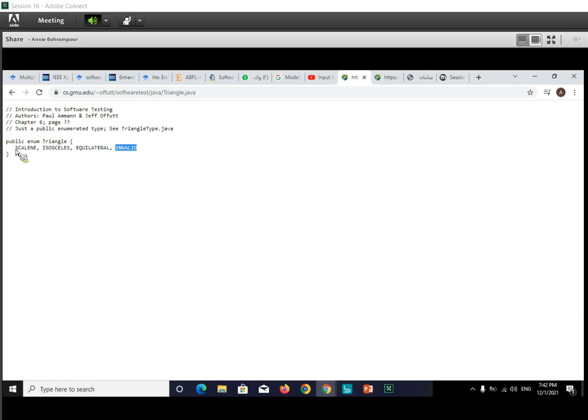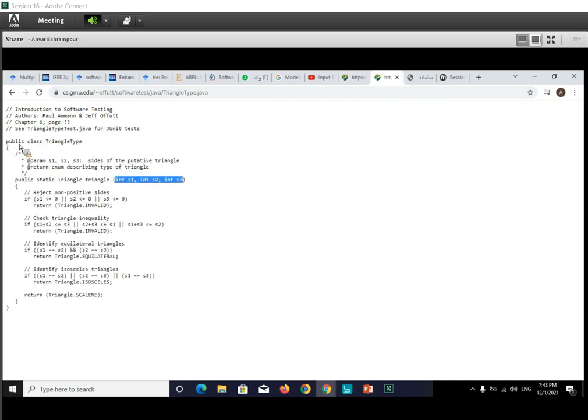So altogether we have four types of triangles: scalene, isosceles, equilateral, and the last type is the invalid triangle.